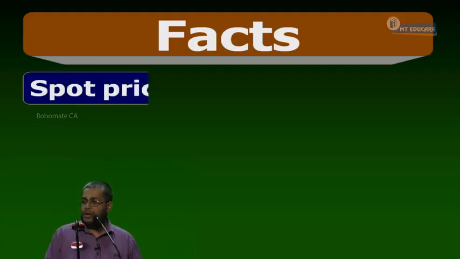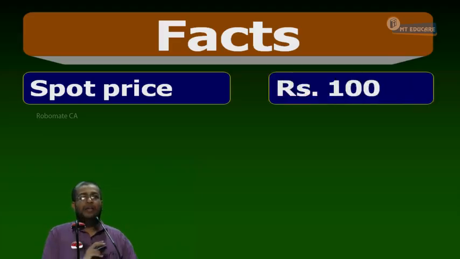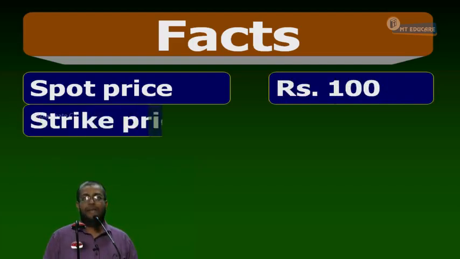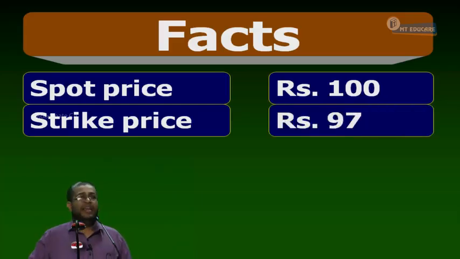First of all, spot price. The share on which this option is going to be created has a price today of 100 rupees. I get it from the share market. Strike price is 97, a price agreed today for a transaction to take place after 3 months.